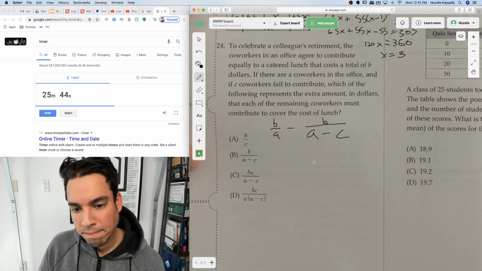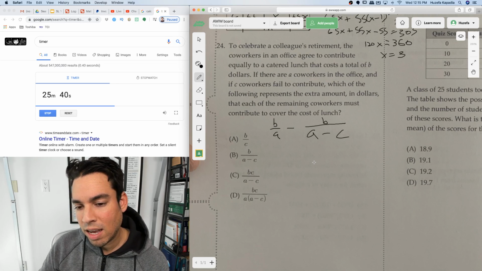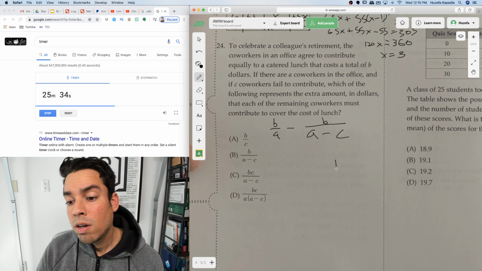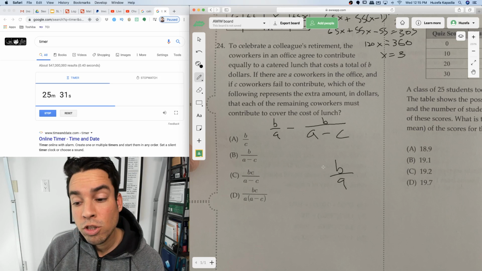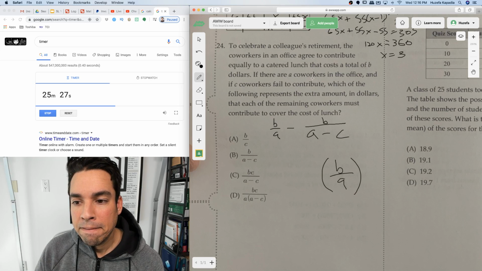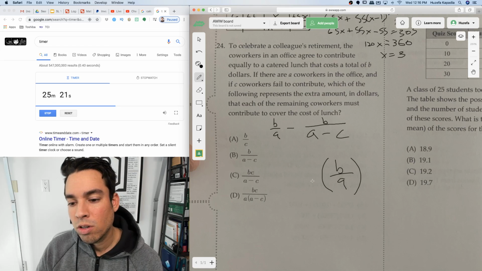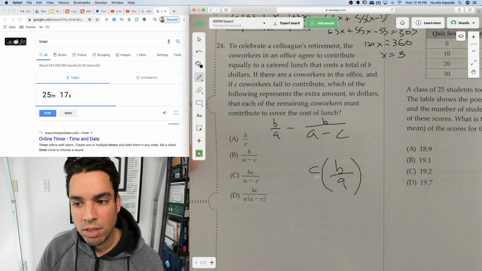Instead, B minus A, but what's... B minus A is the amount that everybody must contribute times, and then C are the people, in dollars, that each of the remaining coworkers. So C is the amount of people that haven't contributed, right?